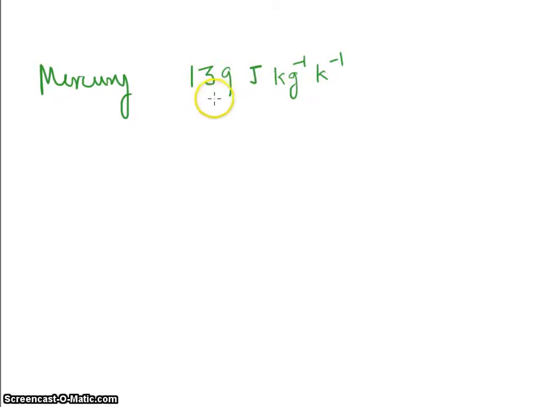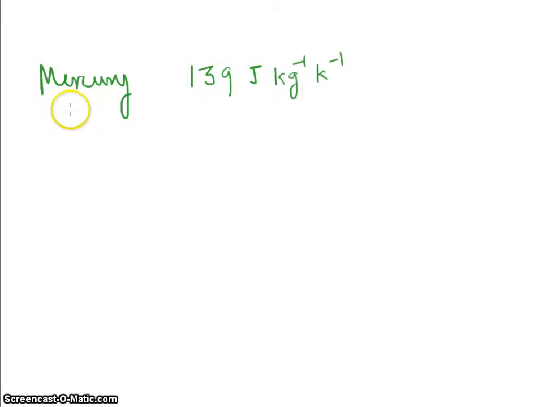So that's very less heat, very less energy is required to increase the temperature. Probably one good reason why mercury, other than being liquid, is used in thermometers.